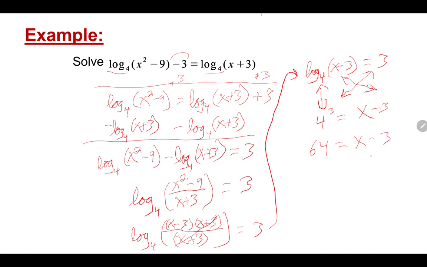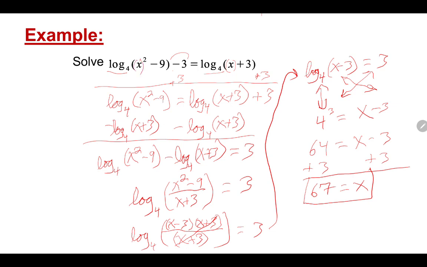And again, we're trying to solve for x, so I'm going to add 3, add 3, and this becomes 67 is equal to x. Great. So then the question becomes, if I plug 67 in for x, will it at any point cause my argument to go negative? Here, they're just addition, so it won't.